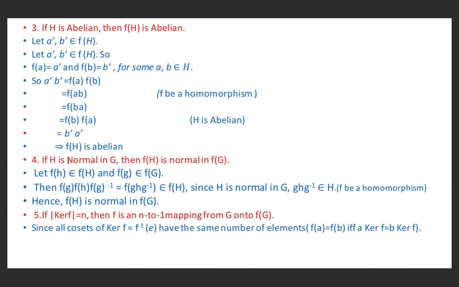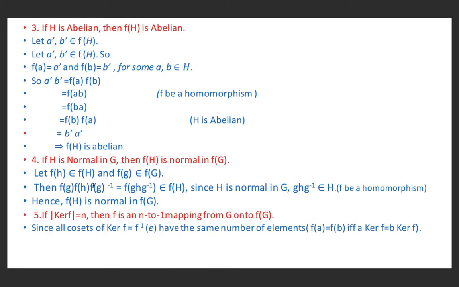Now next is, if H is normal in G, then f(H) is normal in f(G). We have already proved that if H is a subgroup of G, then f(H) is also a subgroup of f(G). So let f(h) belong to f(H) and f(g) belong to f(G).